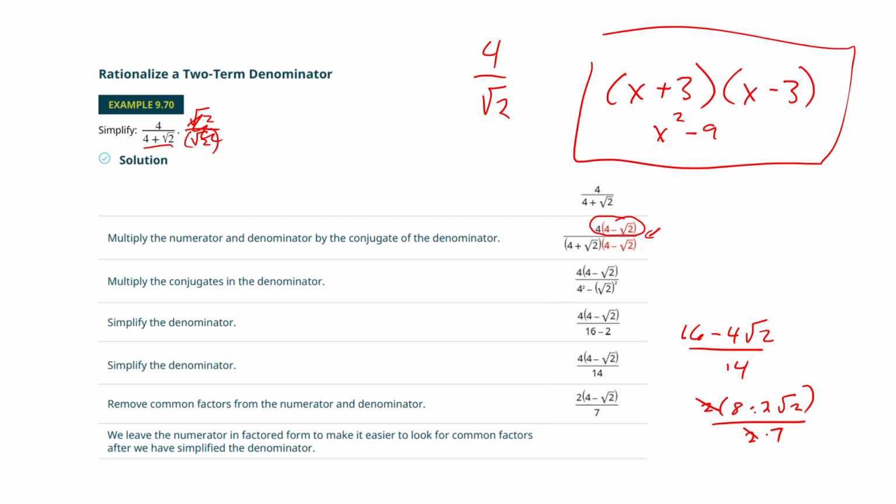Let's see. Yeah, no, I think I'm right. What have I done? 16 minus 2. Oh, I see, they just didn't put theirs back in. So ours are equivalent answers. So we got 8 minus 2 square root of 2 over 7, which is what I would do. I would leave it like that.